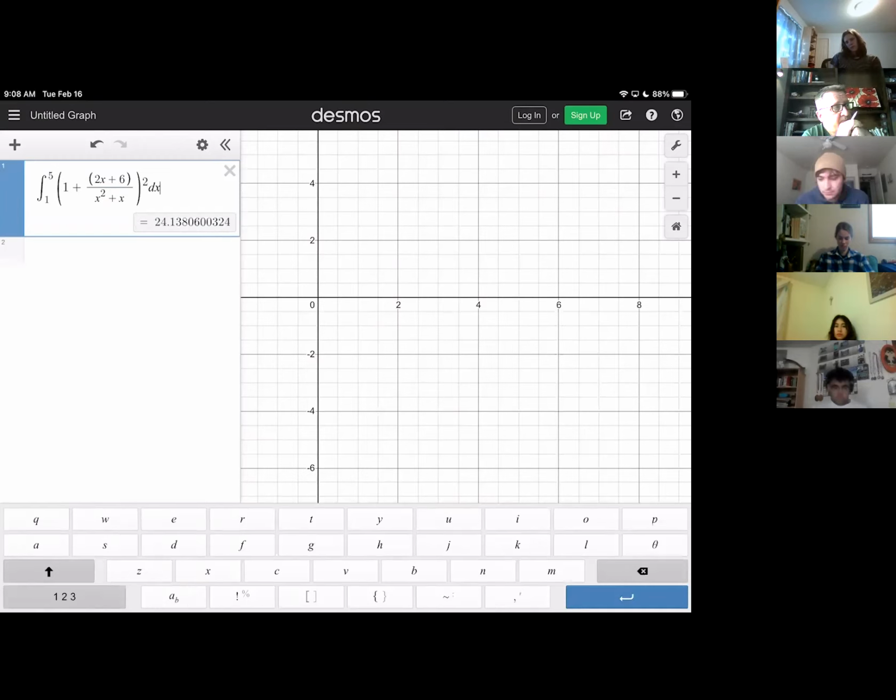So I think that's the right answer. Oops, that's not supposed to be squared. It's supposed to be square rooted. And I didn't square what was inside.